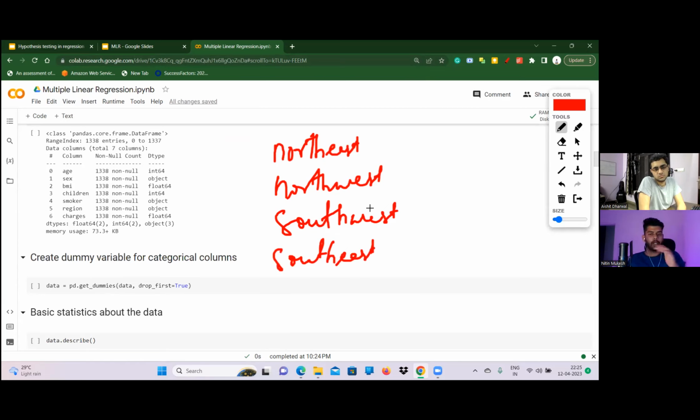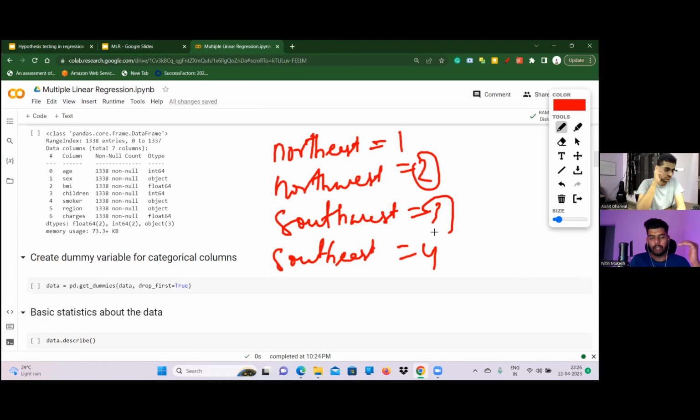If you want to convert these features into numerical values, one way is to assign a number, so let's say we assign 1, 2, 3, 4. But the thing is that there is no natural ordering in this categorical variable. It's not like northwest is higher than northeast, so we give it 2, or southwest is higher than southeast, so we give it 3. It's not like that. These are just nominal variables. There is no ordering within these variables.